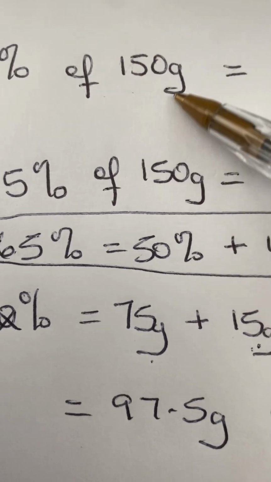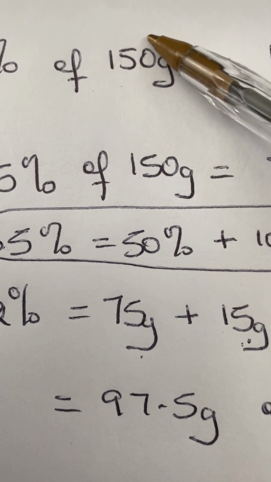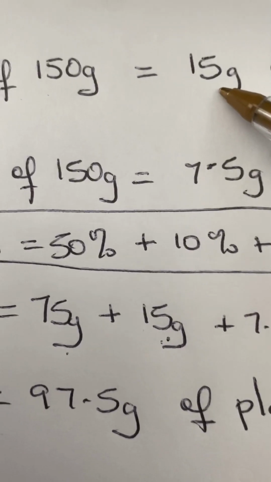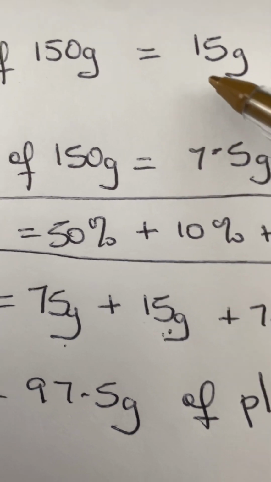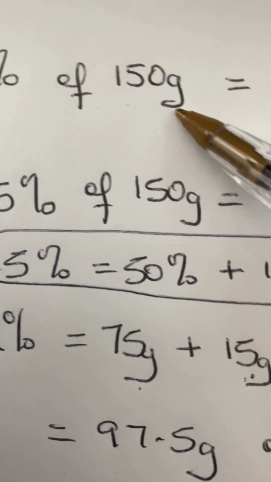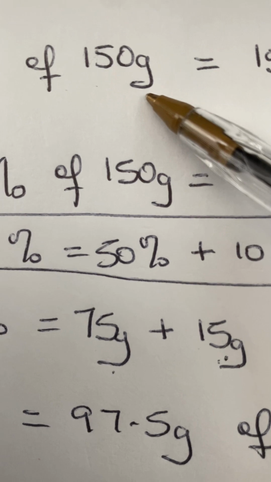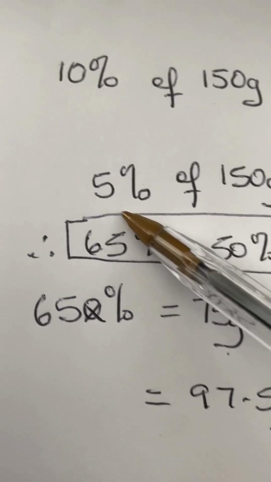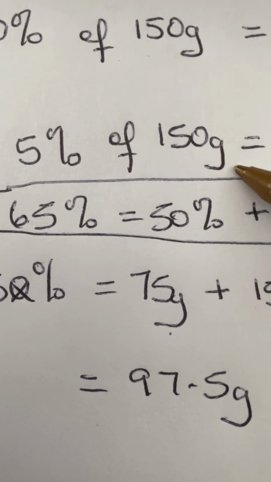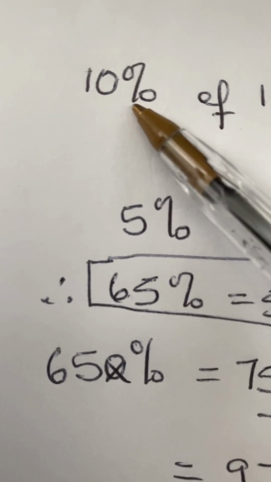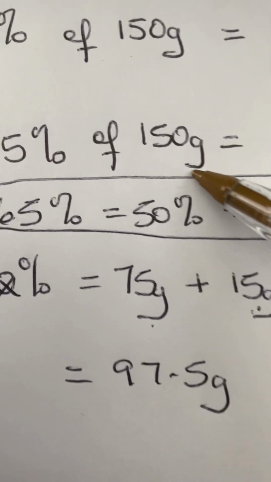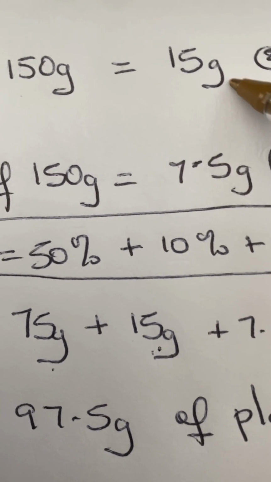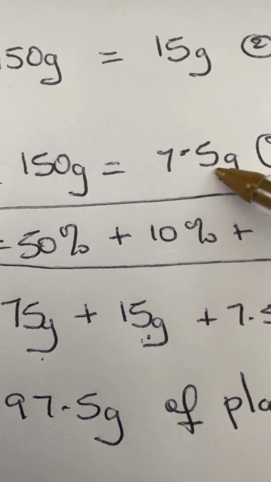So if you divide 150 into 10 parts, you are going to get 15 each, because 15 times 10 is 150. Okay, so that is the 10%. Now 5% of 150 is half of 10%. Half of 10% we just found to be 15. So half of 15 will be 7.5 grams.